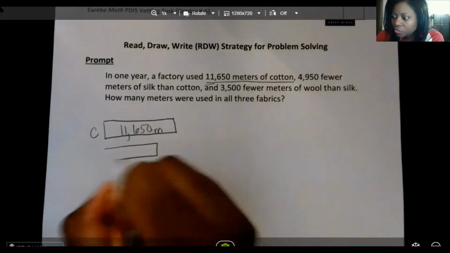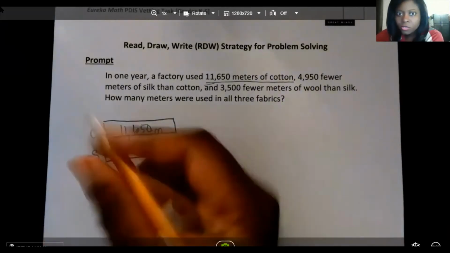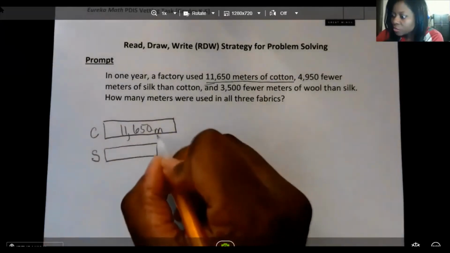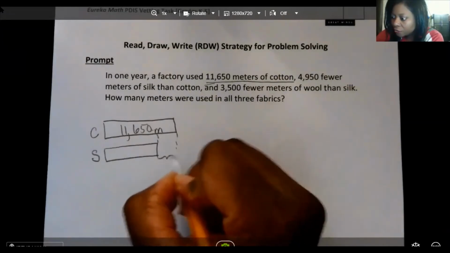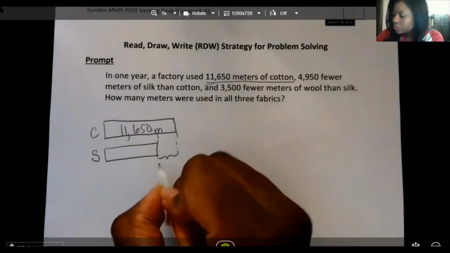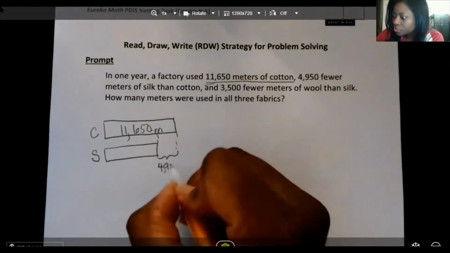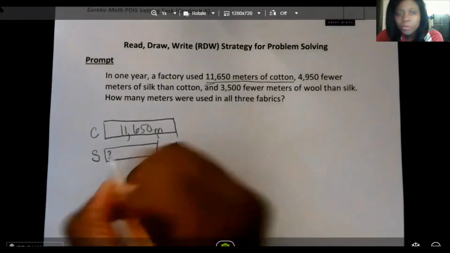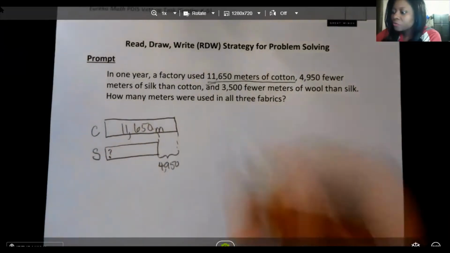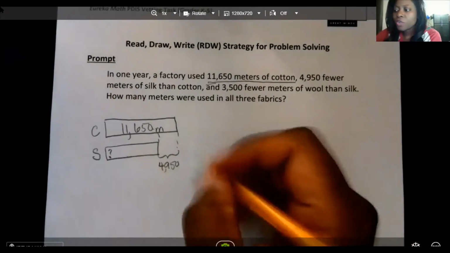So I'm going to go ahead and draw silk. And this time I'm going to do a little bit different. I'm not going to fill it in there. I'm going to use this little piece because we said fewer, so we really don't know what silk represents. So I'm going to put a question mark there because I know I'm trying to locate that.